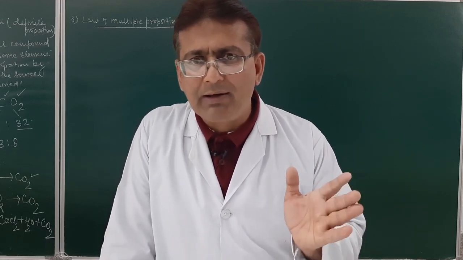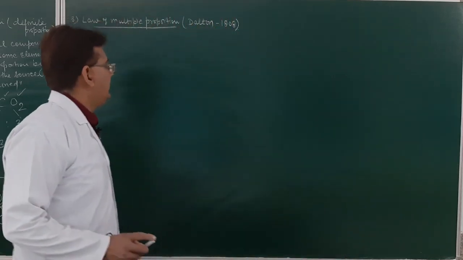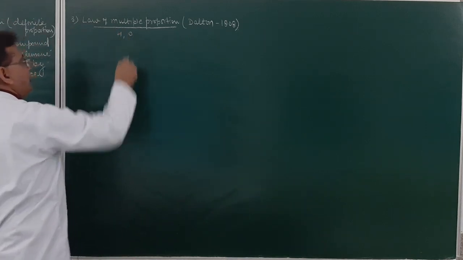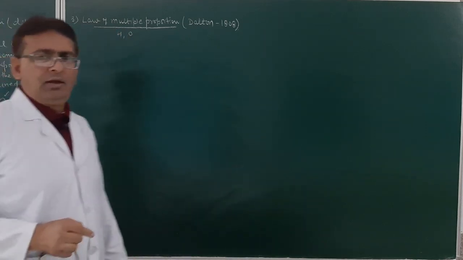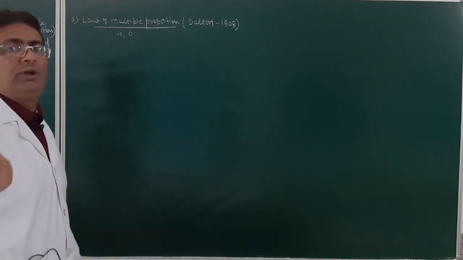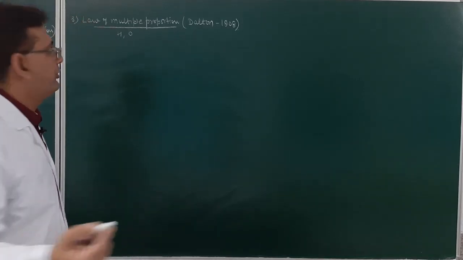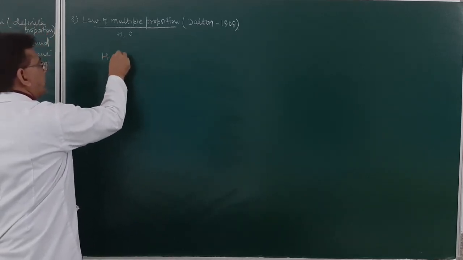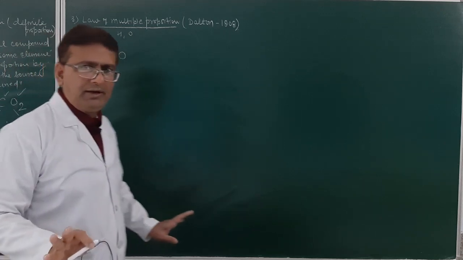Just see the example here. If I say there are two elements, hydrogen and oxygen, and if these two elements combine to form two or more than two different compounds, let me say two compounds. So hydrogen and oxygen combine to form water. This is clear?